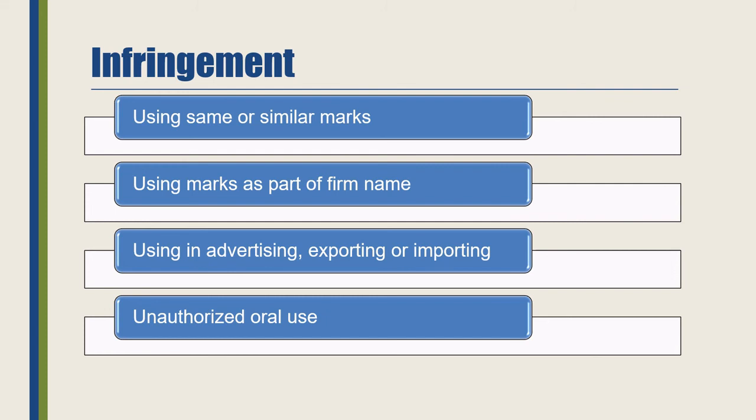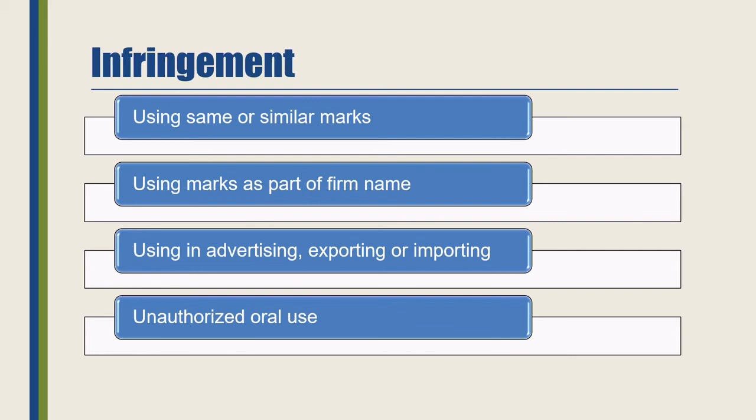Oral use of the trademark will also be considered as trademark infringement under the Act, provided it is a registered trademark. So anything can be a trademark infringement, and if somebody infringes my trademark rights, what I can do? I can approach the civil court or a criminal court. Both options I have. In the civil court I can claim compensation. In criminal court I can plead that the party who is infringing my right should be punished.